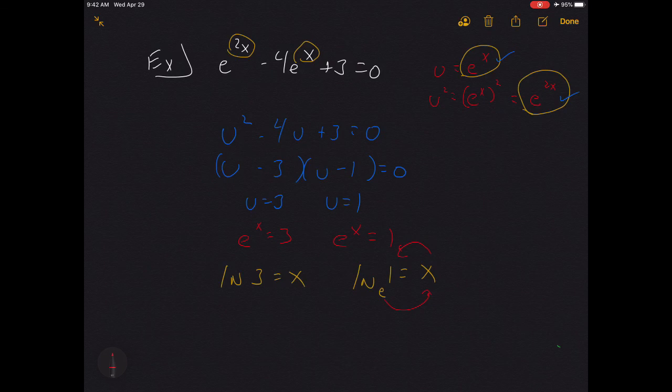Hopefully you guys remember from the stuff that we did in the prior sections, the only way that you can take something, raise it to a power, and get 1 is if that something, or in this case our x, is 0. So really the natural log of 1, or any log of 1, doesn't matter what the base is, is 0. So really what we get is that x equals 0 on the right.